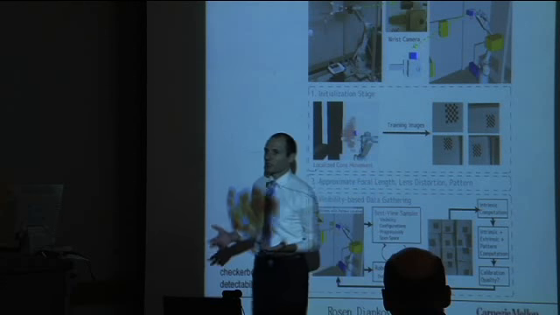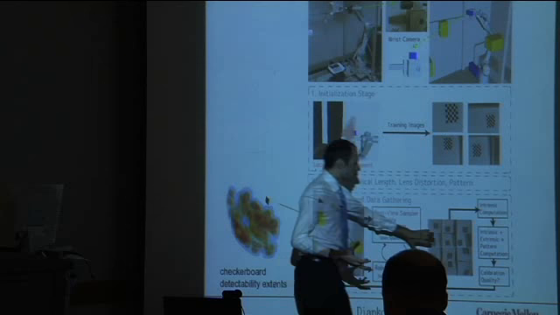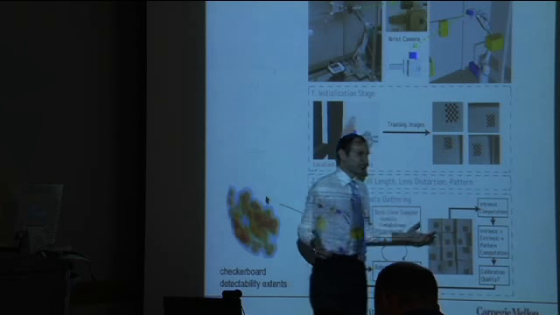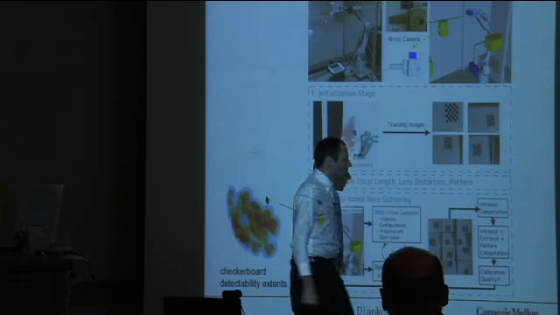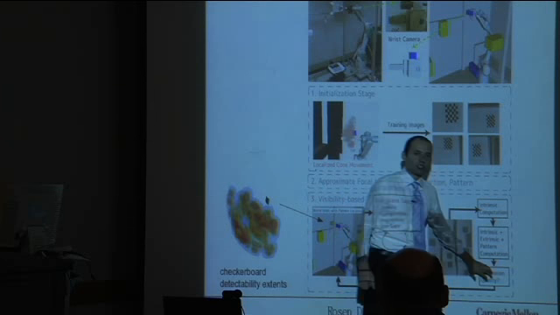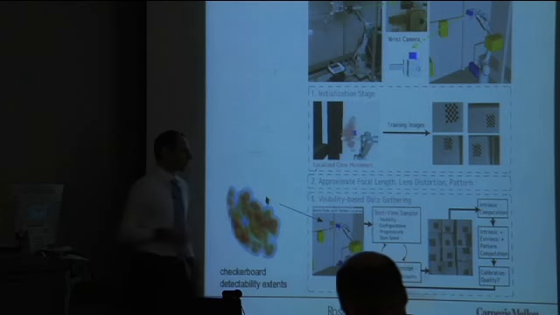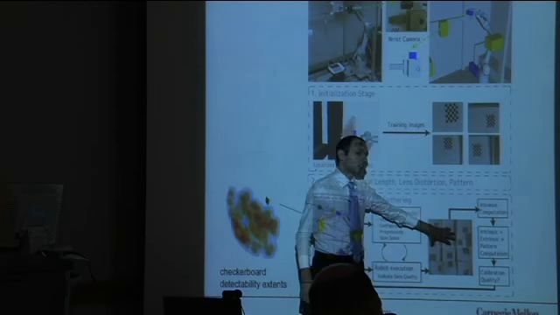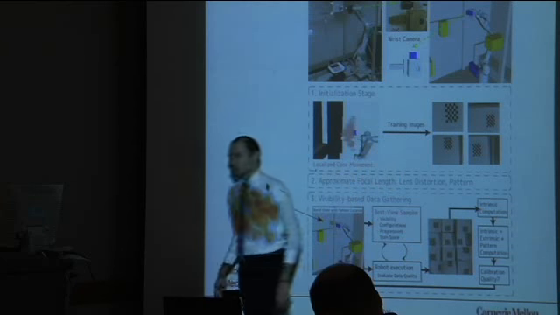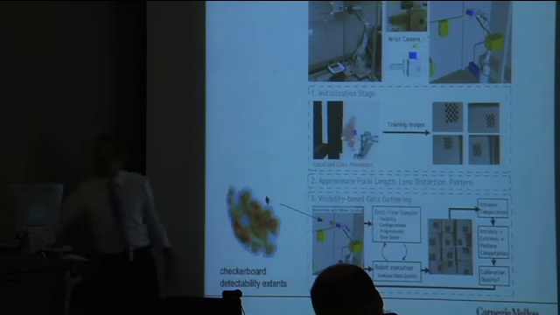However, because it's a robot and we really cannot guarantee how good the captured data is, because nothing is calibrated until the stage ends, we need a phase which computes calibration quality. And if the calibration quality is not good enough, then the robot has to repeat the process. And so we have to know when to stop or when to continue.